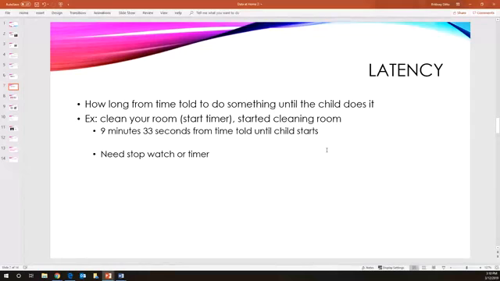So an example would be you told your child to clean their room, so you hit your stopwatch, and you wait until they start the behavior of cleaning their room. The minute they start the behavior of cleaning the room is when you hit stop on the stopwatch. Say that took them 9 minutes and 33 seconds. Again, you want a stopwatch, a timer, a smartphone, something to help you keep track of time. I highly recommend using minutes and seconds or seconds. It just makes it easier to graph when you want to get to that stage in graphing.